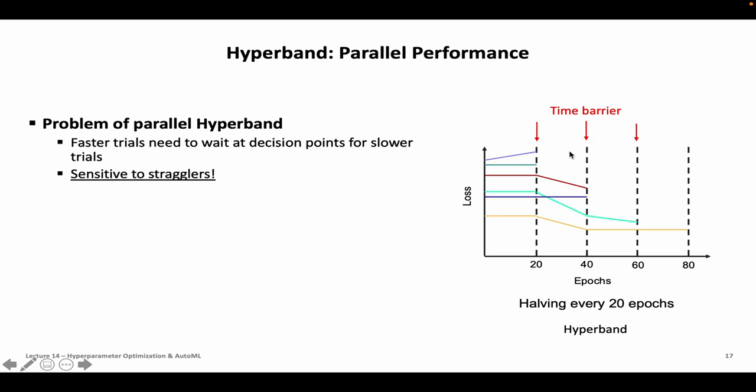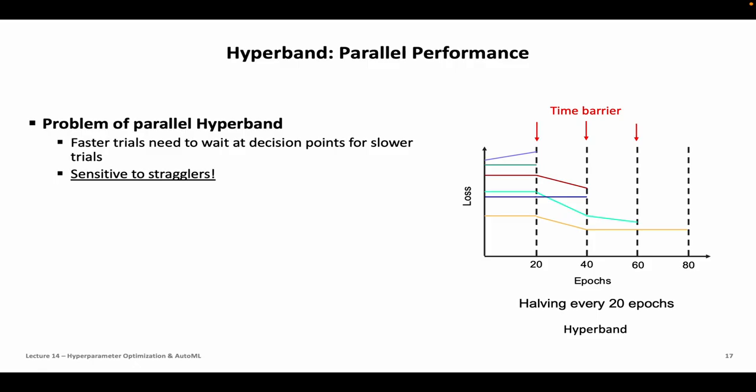But if your trials have different runtimes, which in a lot of cases happens when you have, for example, a different number of neurons in your neural network, the neural network with fewer neurons usually runs much faster than a neural network with a lot of neurons.